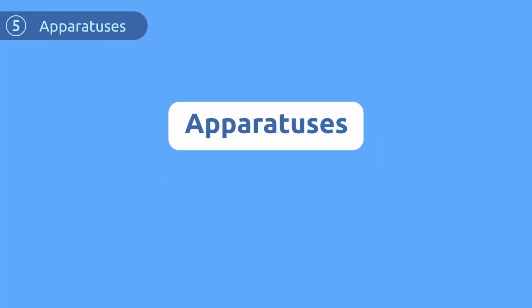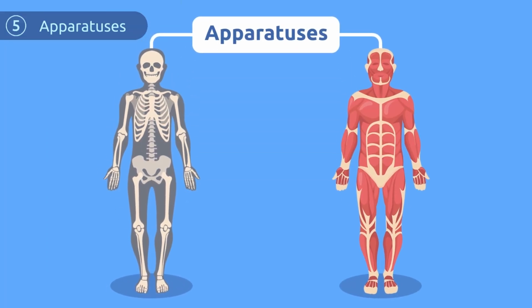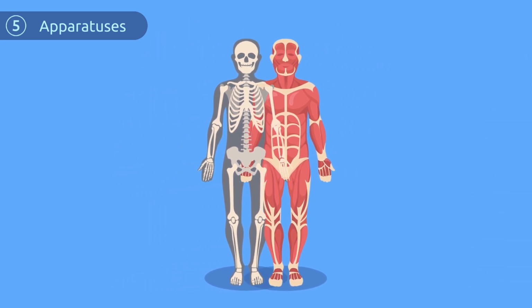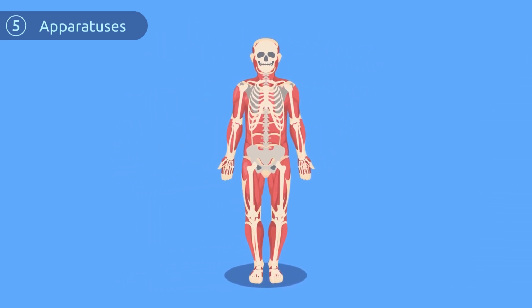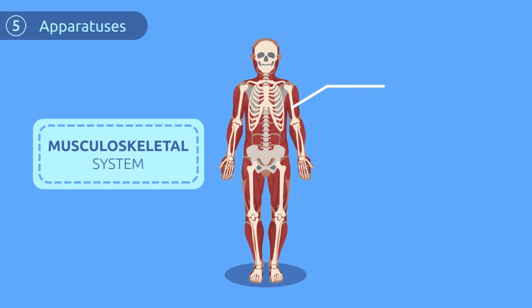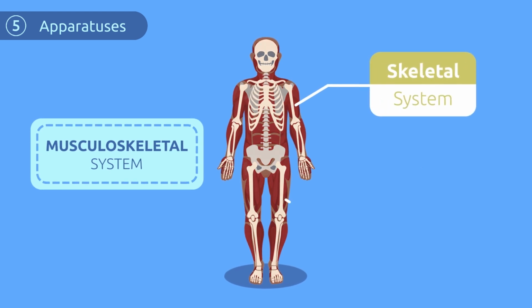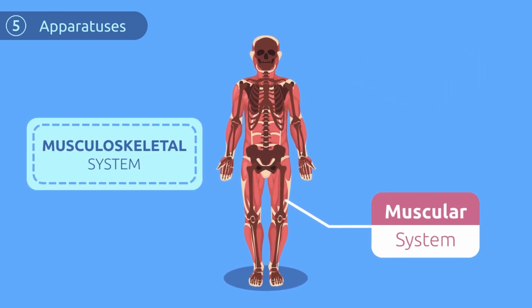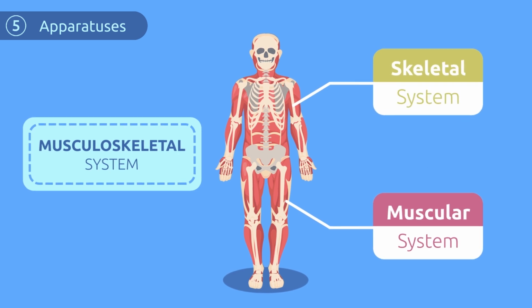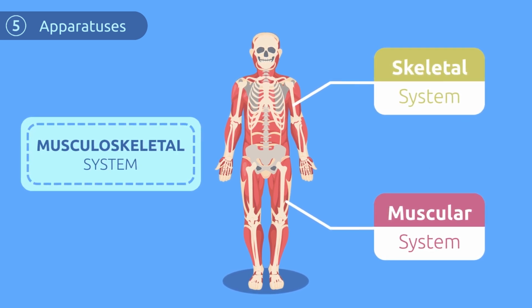The apparatuses are made up of different organs and systems that carry out a function together. For example, the musculoskeletal system consists of the skeletal system and the muscular system. Isn't it amazing what our body is capable of?